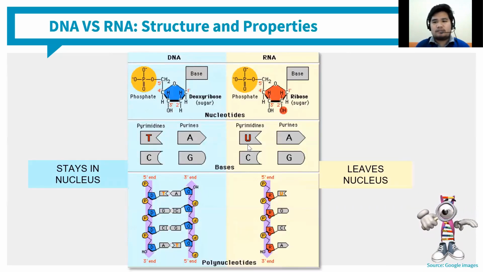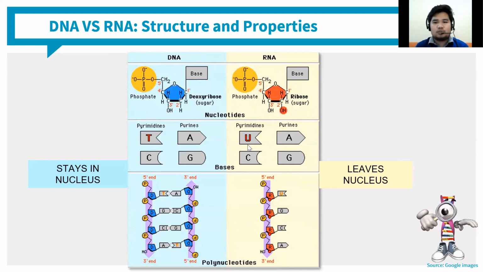So the structure and properties of nucleic acids is best seen when we compare RNA and DNA. So si DNA, nag-stay siya sa nucleus, nandun lang siya, no? Hindi siya pwedeng lumabas kasi maraming pwedeng mangyari kapag nasa labas siya ng nucleus, dapat overprotected siya doon. And si RNA, nagli-leave siya sa nucleus para makapagdala siya ng messages about protein synthesis or ma-perform niya yung kanyang function, which is protein synthesis.